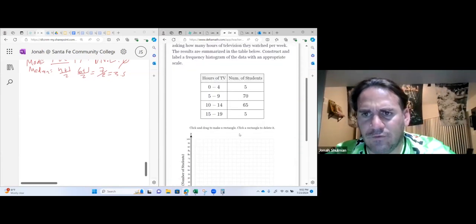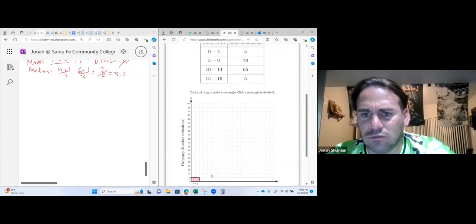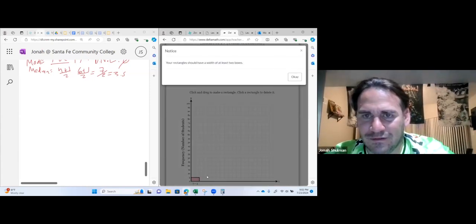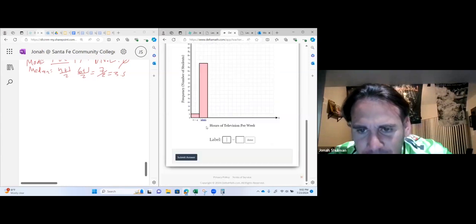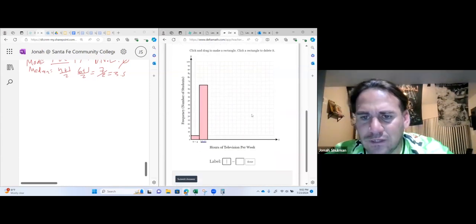Nice. 0 to 4, we have 5 students. And then we have the next one, which is 70. I'm trying. Have to start at the bottom, go up to 70. Cool, and this is 5 to 9.